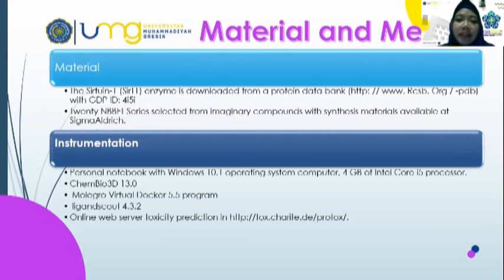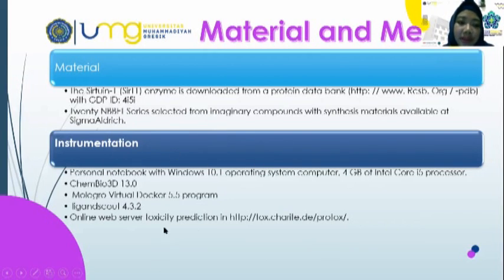Then I will tell about my materials and methods in this research. I have the CYP21 enzyme that is downloaded from the Protein Data Bank with this address and with the ID I5I. Then I randomly used 20 NBABFT series selected from imaginary compounds with synthesis materials available at the Sigma Aldrich store.